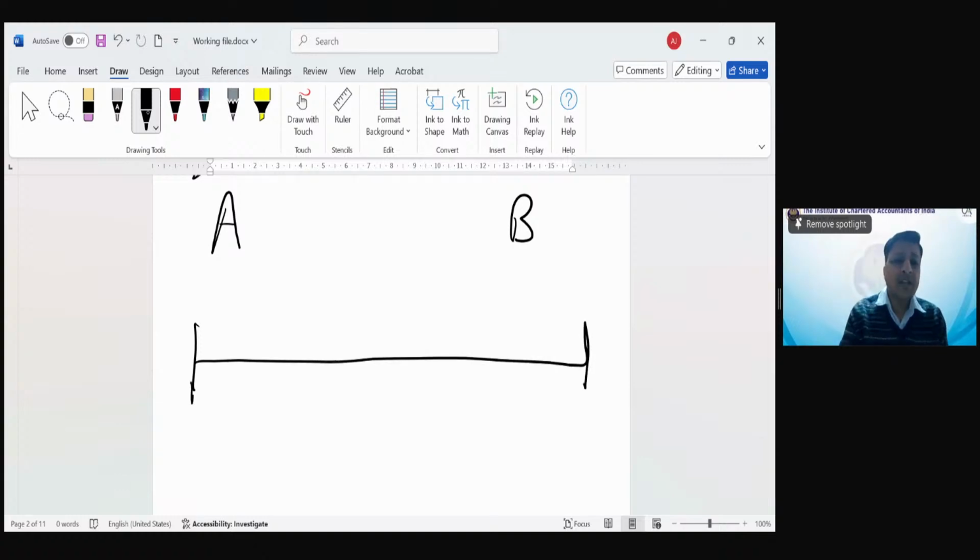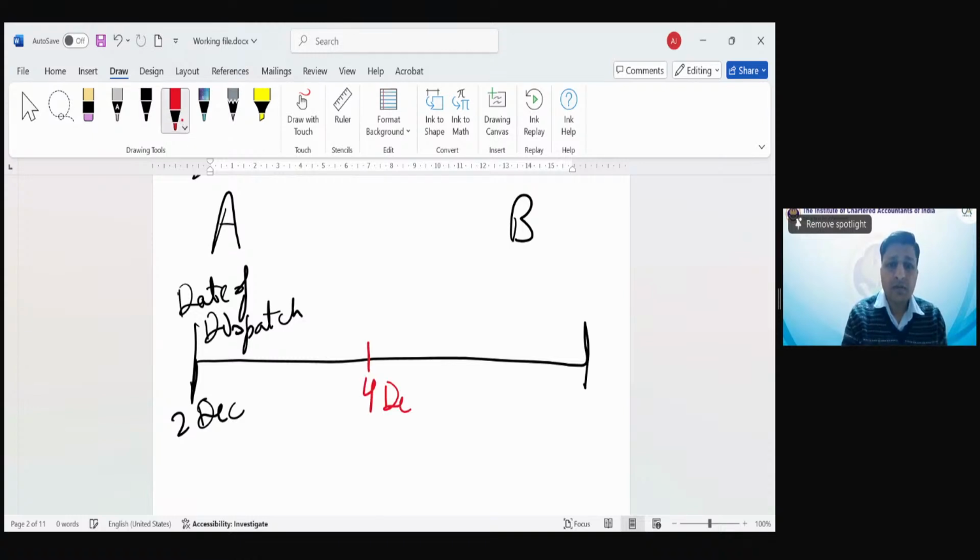now let's suppose there are three dates. Say 2nd December, that's the date of dispatch. Then 4th of December when the goods are delivered to the buyer's location.